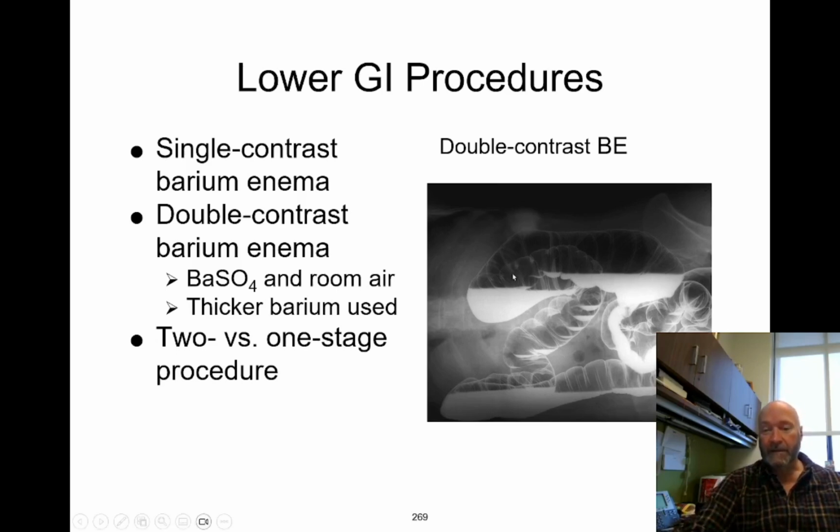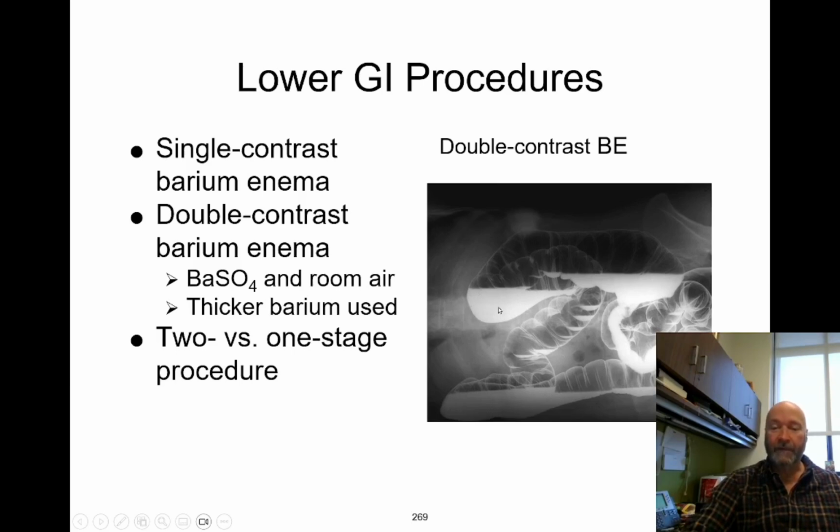And notice you can see the haustral markings really well on this. You can see everything. So it's coated with barium, but the air separates it, so it's not a solid mass like what we see down here. That solid mass, we wouldn't be able to see those. So likewise, if one of these was some sort of pathology and we were completely filled with barium, you wouldn't be able to see it unless you were looking at it on a profile and it was sticking out like that.